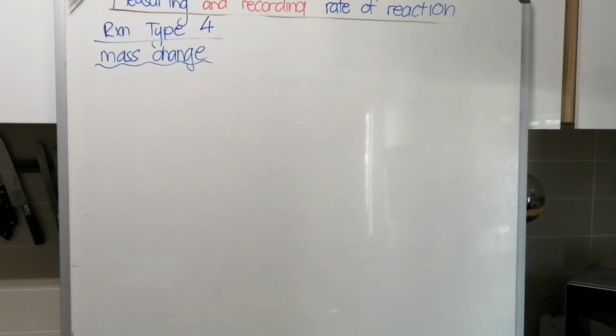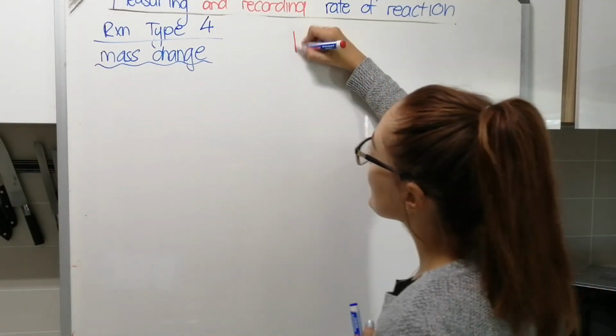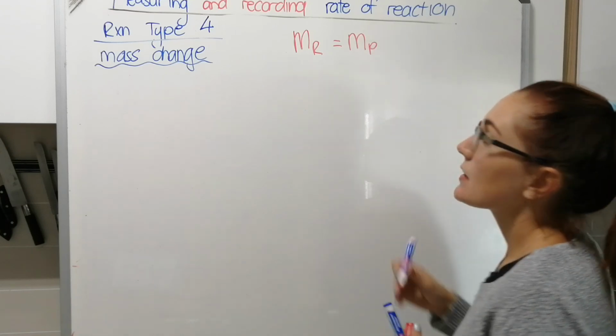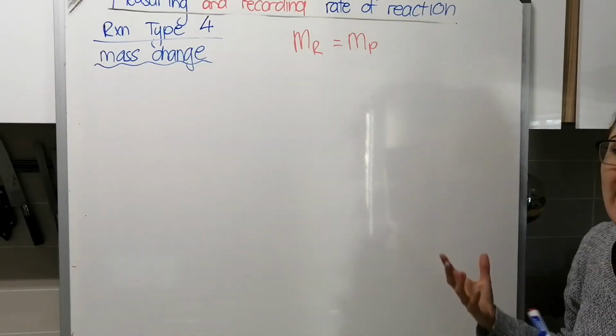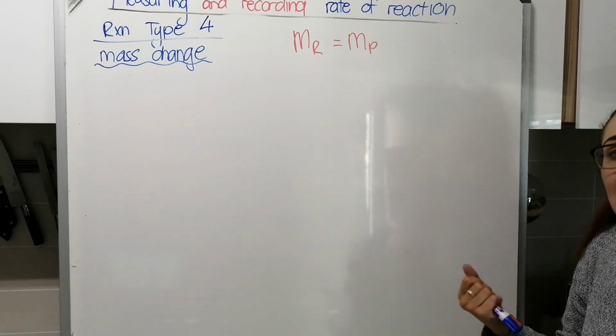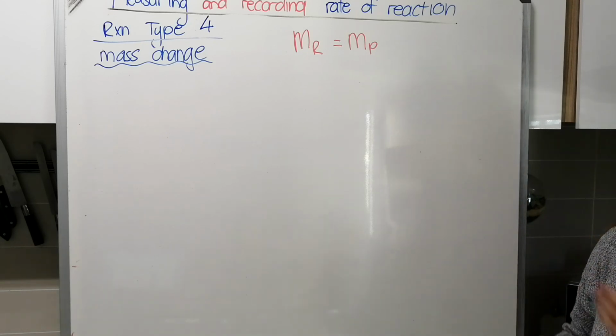But for this, remember, very important, we learned it in grade 10, the law of conservation of mass says that the mass of your reactants will equal the mass of your products. The overall amount of matter in an isolated system is conserved, regardless of any physical or chemical change.